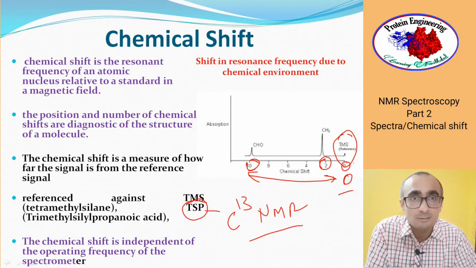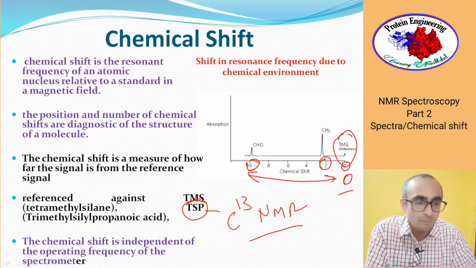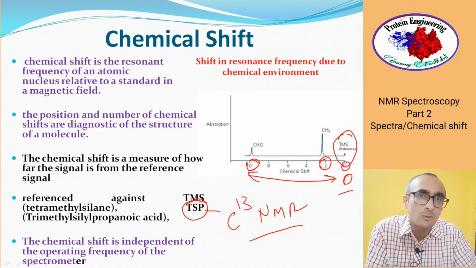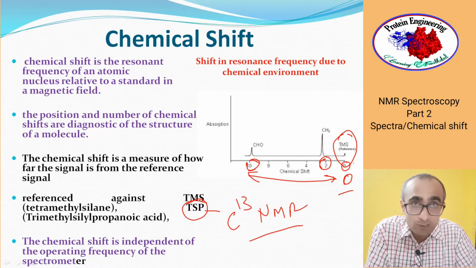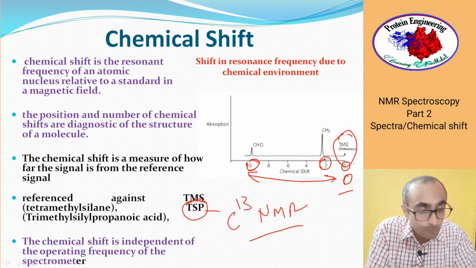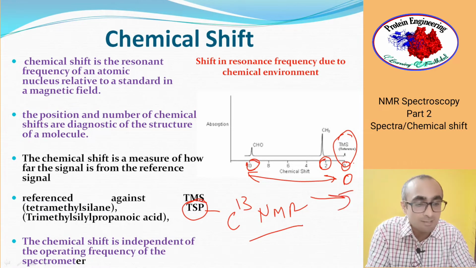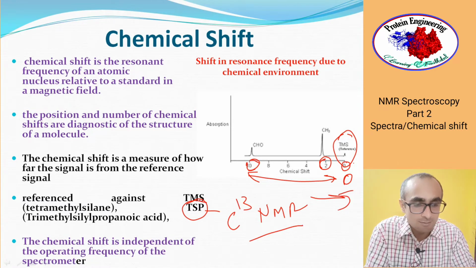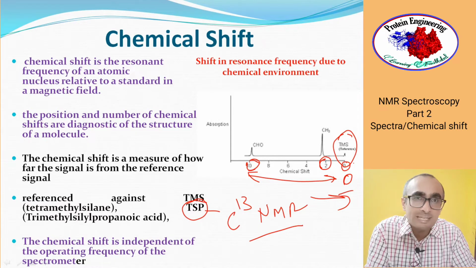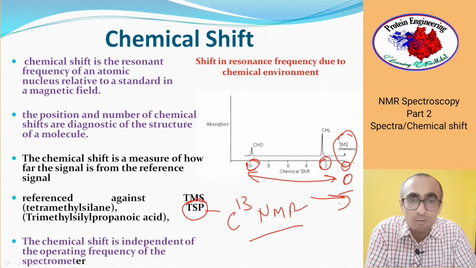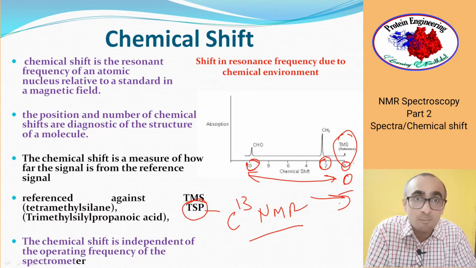For example, if you are measuring the same compound in a 300 megahertz spectrometer or a 900 megahertz spectrometer, the relative positioning will be the same, the ppm will be the same. That is because it is in relation to the reference compound. So that's why the ppm is unique for a unique type of compound. It always remains the same irrespective of which NMR spectrometer is being used.